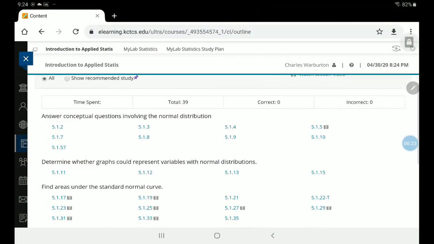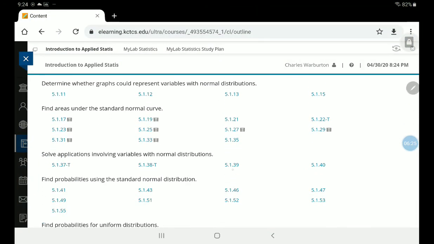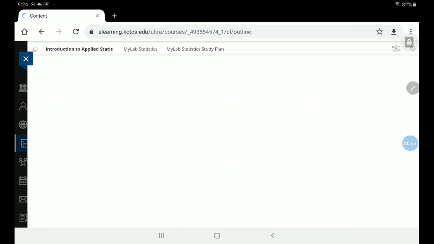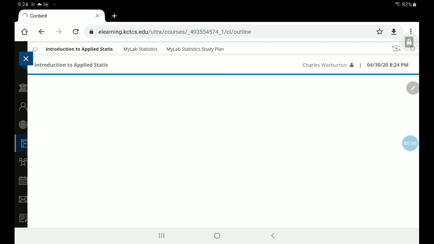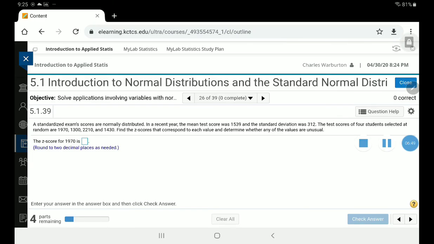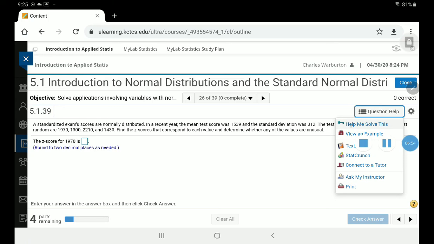So then I look for 5.1.39, and there it is. I can click on that, and again, it will have helps that you need. Let's see what kind of help this one has. Over here on the right hand side, we've got question help. This one has a help me solve this, a view an example, and a textbook, and even a connect to the tutor.